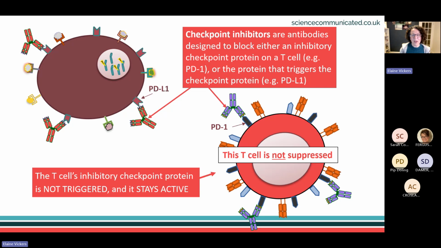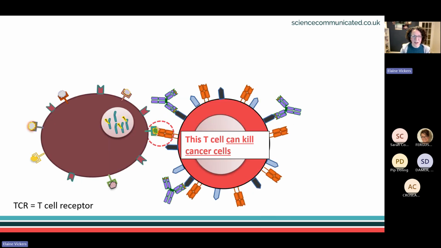One thing always to bear in mind with these immune checkpoint inhibitors is that you can't control which T cells become activated. You hope that the T cells you activate are ones whose T cell receptors connect with neoantigens on the surface of the patient's cancer cells. These are the T cells that you want.